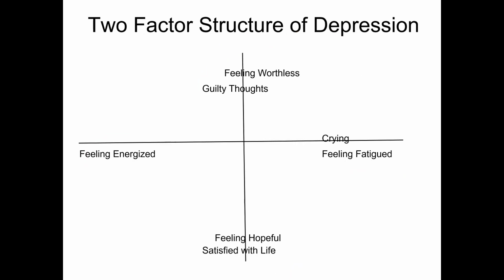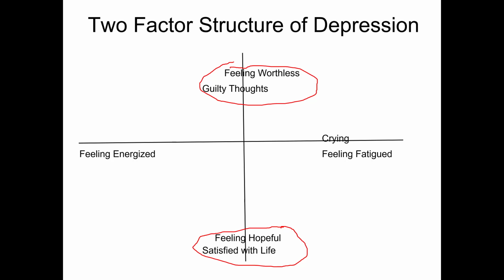Maybe that's not the best way. Maybe we could do it this way as well. On this axis, we've got feeling worthless, guilty thoughts, and feeling hopeful, satisfied with life. This is maybe the more cognitive components of depression, the negative cognitive components and the more positive cognitive components.